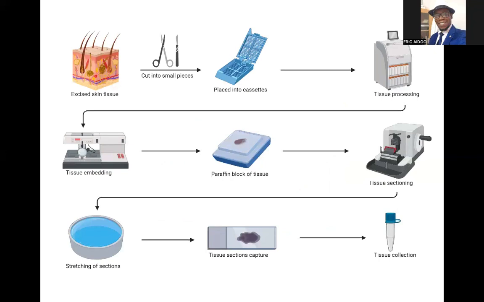So if it's a skin tissue, for instance, you cut it into small pieces, you put it in this container called the cassette, and then you put the cassette in the tissue processor if you have one. So the tissue processor will contain the graded alcohol, okay, and the xylene as well.